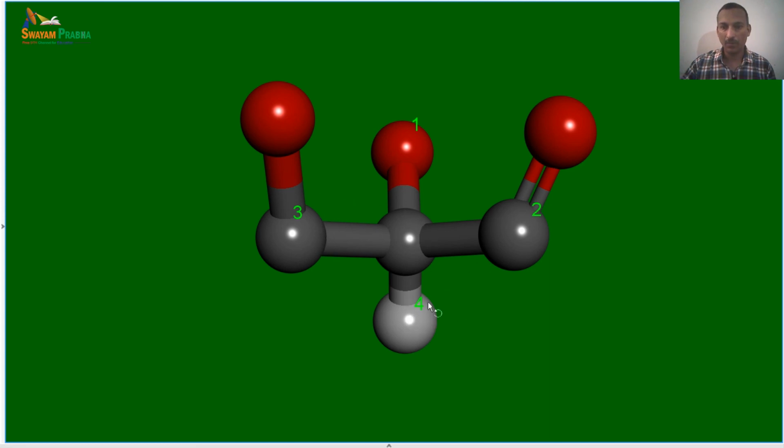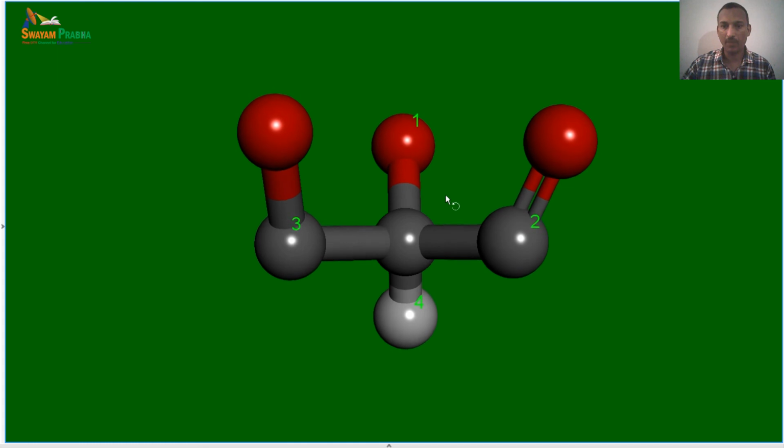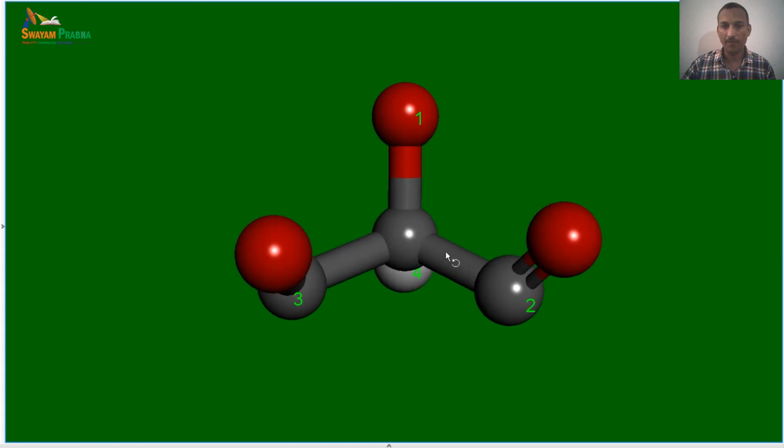Since the hydrogen is away from the observer, we can directly keep the molecule like this. And now let us assign the RS configuration. 1 is at the top, 2, 3. If you go from 1 to 3, it is in the clockwise direction. So this is actually the R isomer.